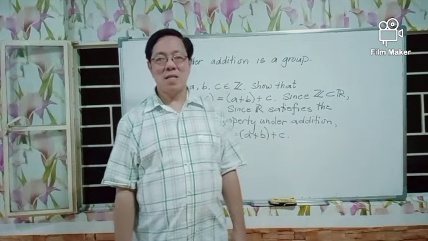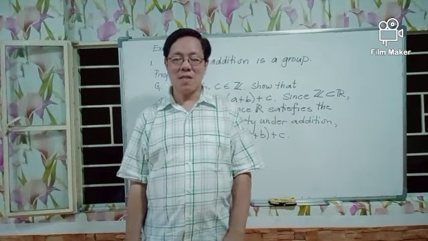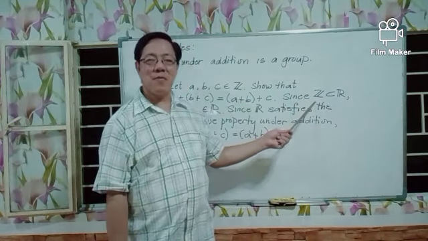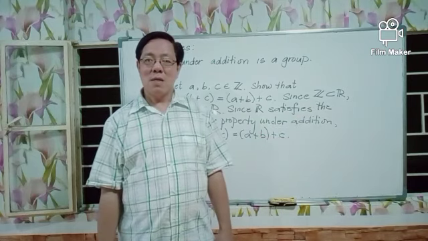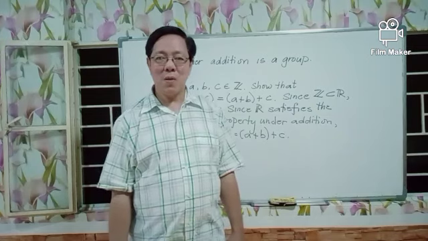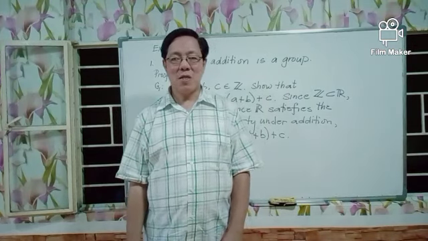And actually, the set containing only zero is one of the three subsets of the set of integers Z. So zero is an element of Z, the set of integers.